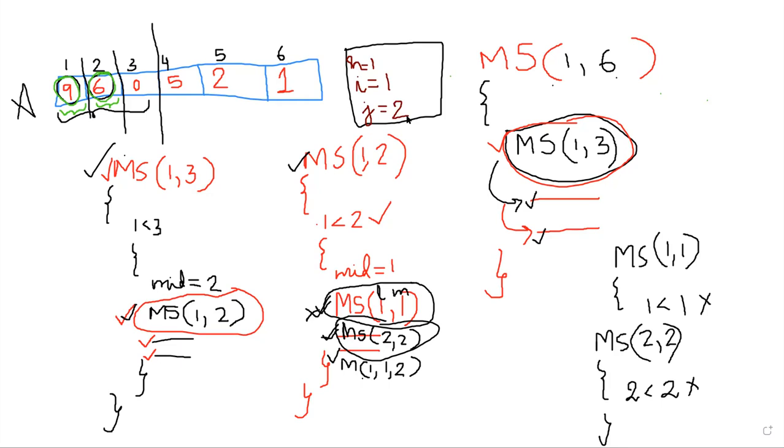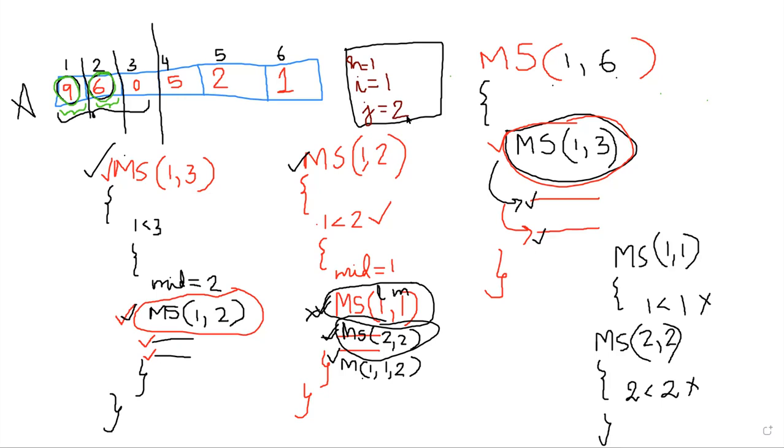Now in statement 8, you will see a while loop. While h is less than or equal to mid and j is less than or equal to high. When these two conditions are true, then only you will enter the while loop. So let's see what happens. What is your h value here? The h value is 1. And what is your mid value? It is 1. So 1 is less than or equal to 1. The condition is true.